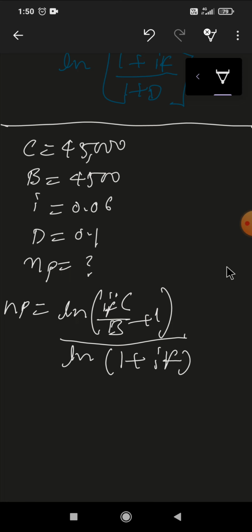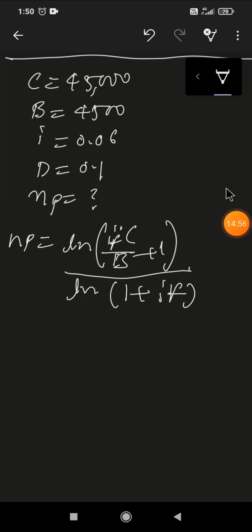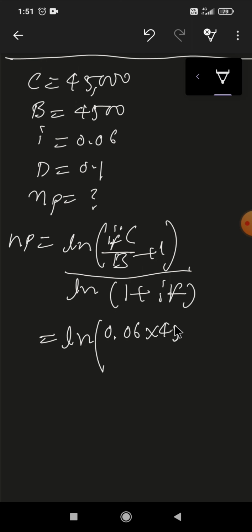So this formula we will use. Here, IF is 0.06, C is 45,000, divided by b, which is 4,500, and plus 1.